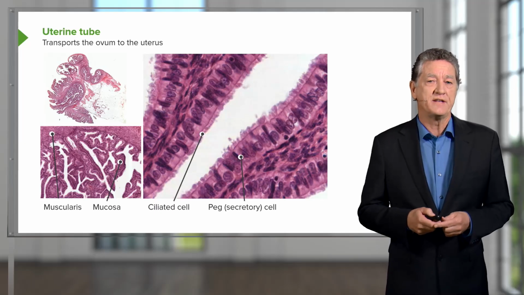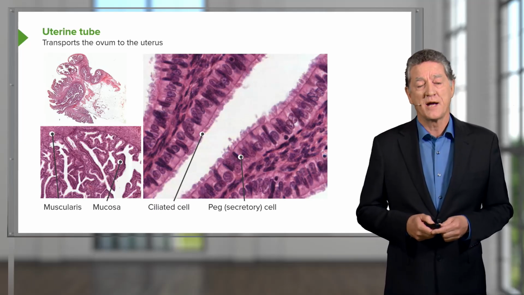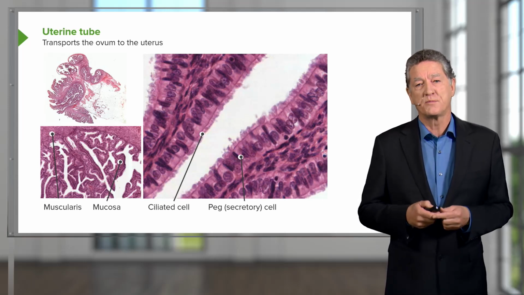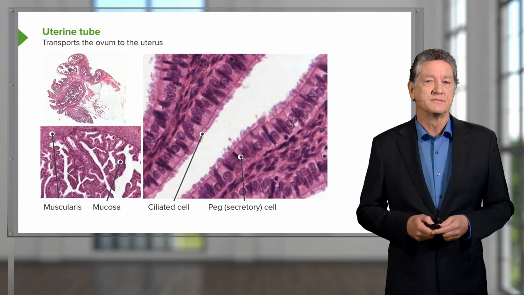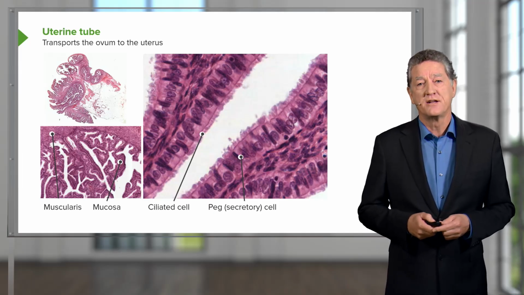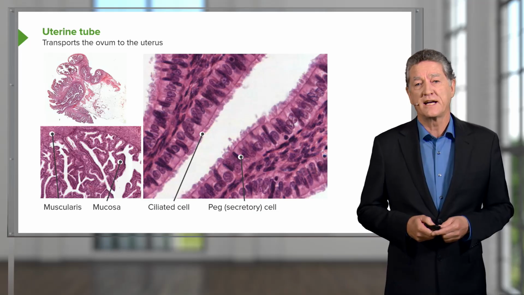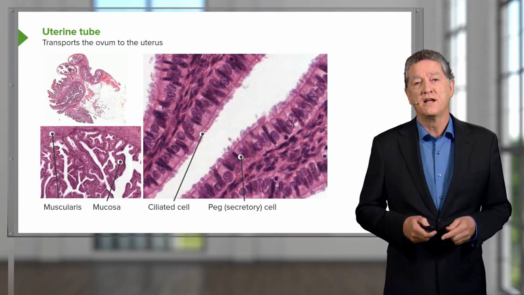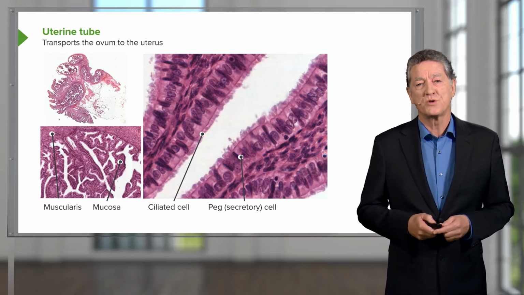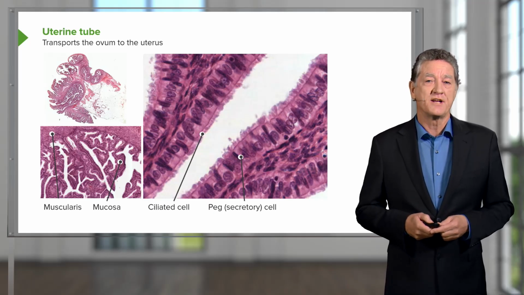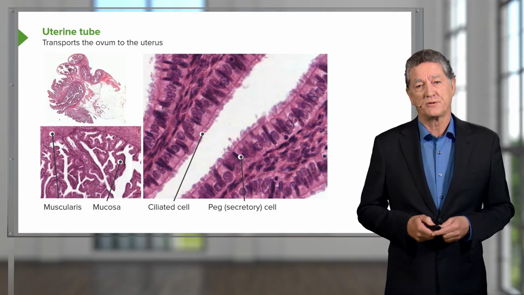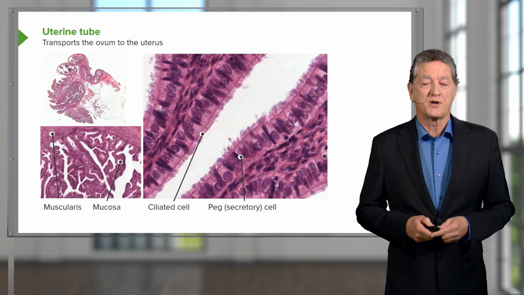It's only after the influence of estrogen and progesterone that they reach their optimal state of activity at the time of ovulation. Estrogens actually create ciliogenesis in the ciliated cells, so they acquire cilia and more cilia at the time of ovulation, and progesterone stimulates the secretion of the PEG cells to produce the nutritious fluid that we spoke about earlier.